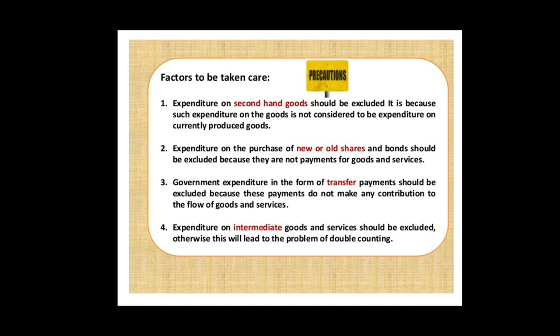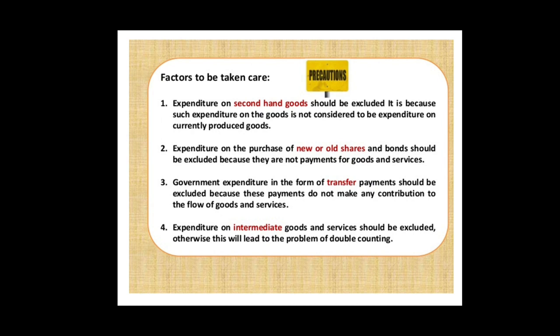Dear students, various precautions need to be taken for correct estimation of national income by using the expenditure method, like expenditure on second hand goods should be excluded. It is because such expenditure on the goods is not considered to be expenditure on currently produced goods.